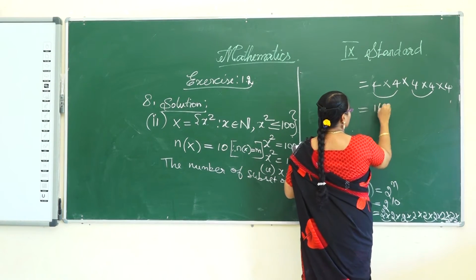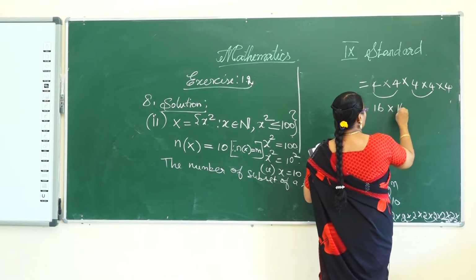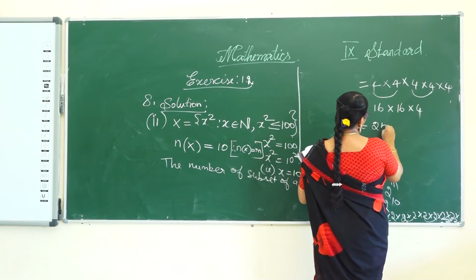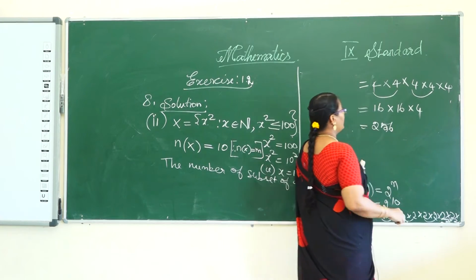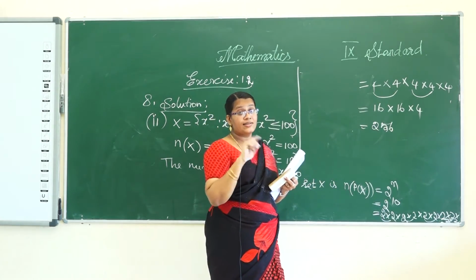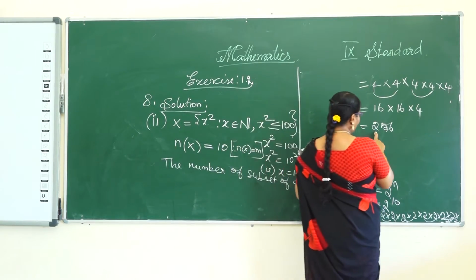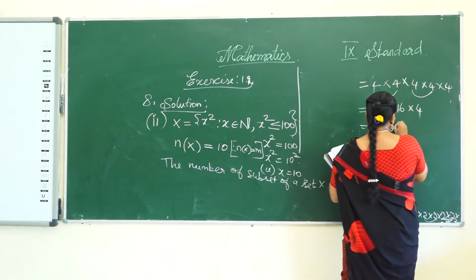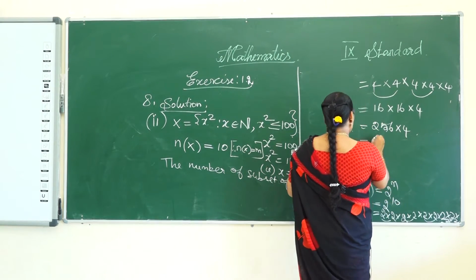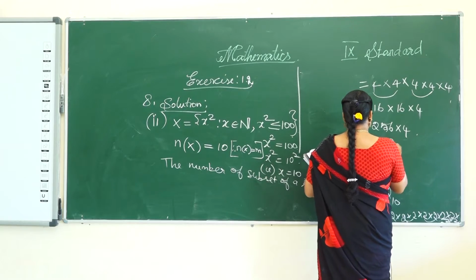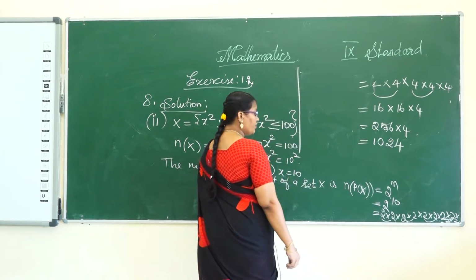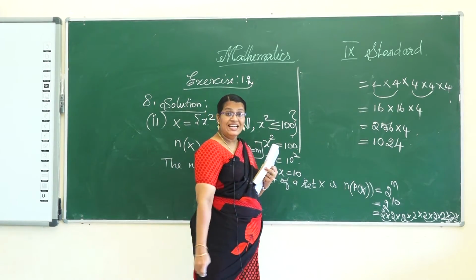So 4 fours are 16, that is 4 into 4. 16 16s are 256. If you don't know the value of 16 into 16, you can calculate it in the rough work area. Afterwards, write in this place 256 and 4. After you multiply these two values, what do we get? 1024. 1024 is the value of the number of subsets of set X.